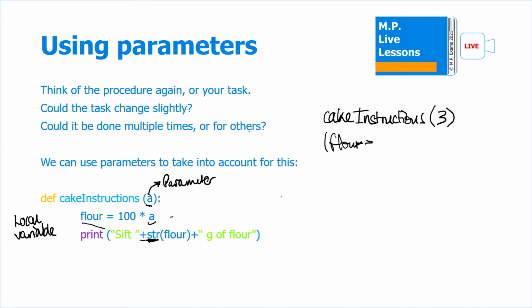what we will do is flour, the local variable, will be assigned the value 100 times whatever is in this bracket, 3, because remember this 3 comes down here because of the parameter.